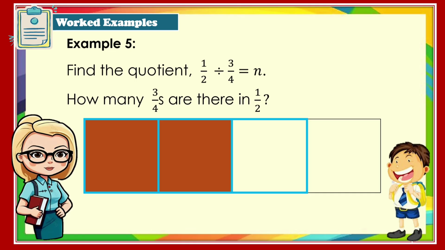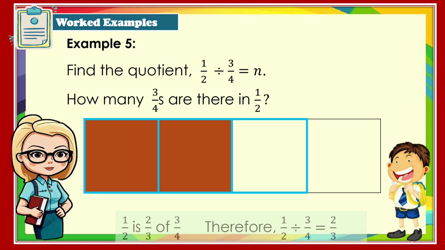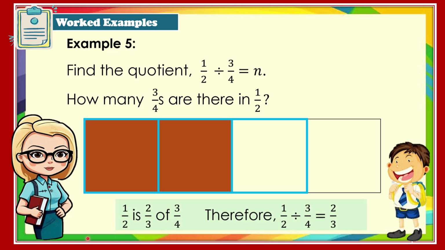Okay, so the blue lines represent 3/4. So as you can see, 1/2 is 2/3 of 3/4. Okay, can you see that? Therefore, 1/2 divided by 3/4 equals 2/3.